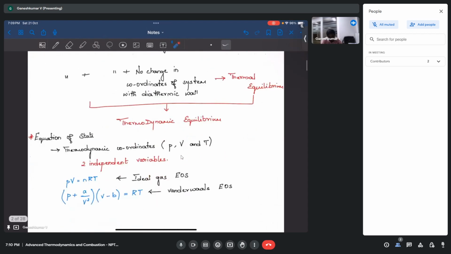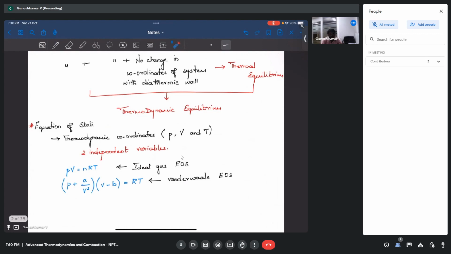What do we mean by coordinates of the state? Any system can be defined by two thermodynamic coordinates. It can be either PV or VT or PT. With two independent variables, you can define the thermodynamic coordinates, and the other variable can be found by employing the equation of state.